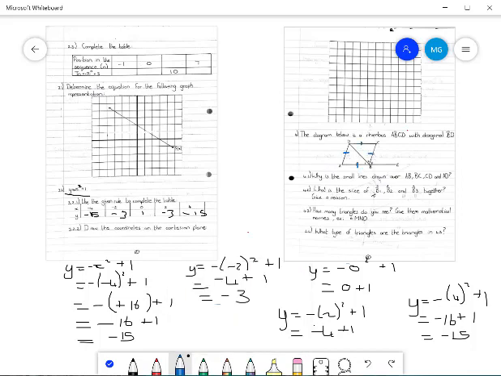The reason they do that is to show that those lines AB, BC, CD, and AD are all the same length. So that's all you need to say there. It's because they show that they are the same length.